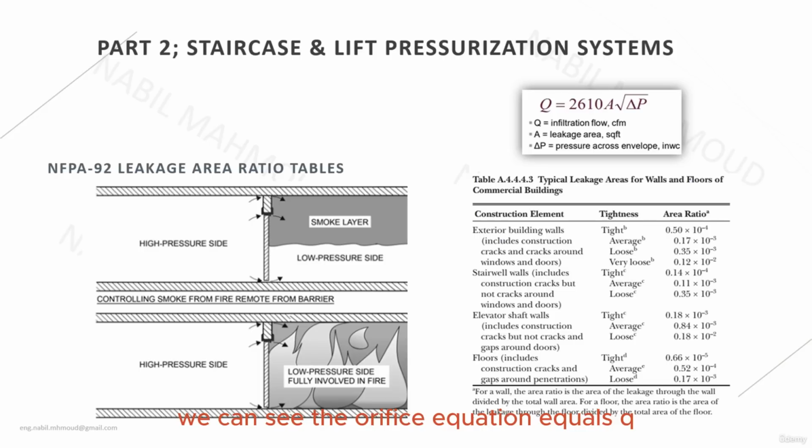You can see the orifice equation gives Q, and Q equals 2610 multiplied by A multiplied by the square root of delta P. And as a designer, I know the limitations and I've chosen a pressurization value, for example 0.2 inch water gauge.